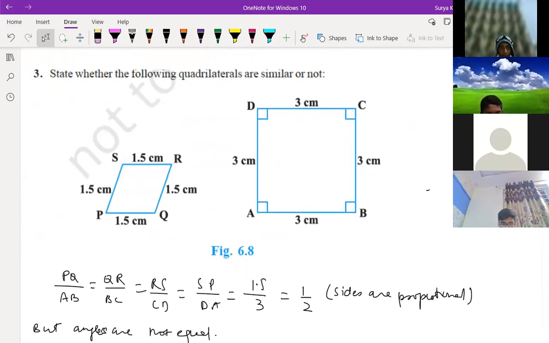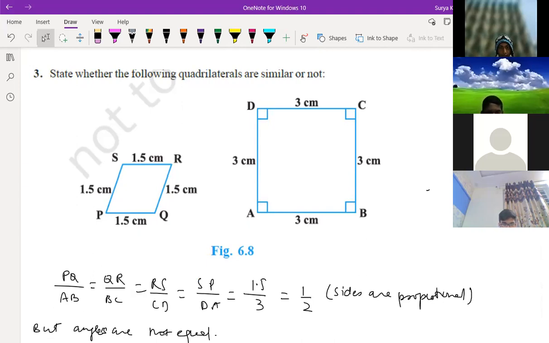The sides may be proportional, so you should check the sides as well as the angles. In this case, it does not look similar. Obviously all the sides are proportional, but the angles are not equal. So these two figures are not similar.